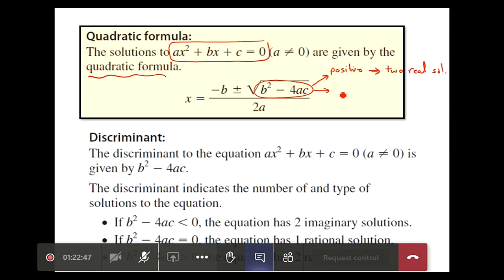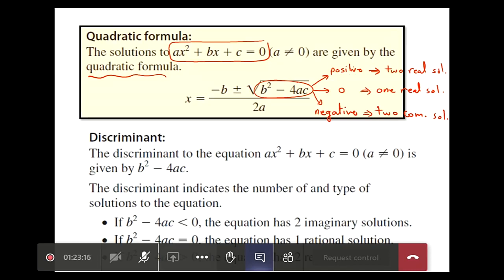If discriminant 0, so we have one real solution. If the discriminant negative, less than 0, so we have two complex solutions.